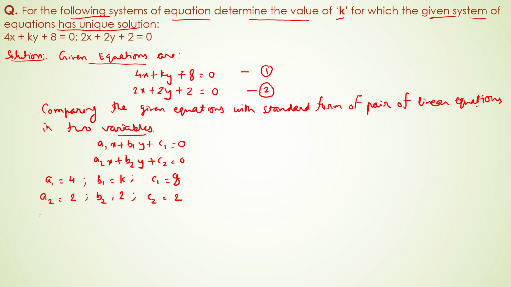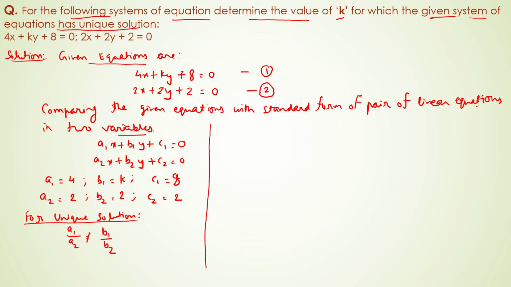So here for a unique solution, the condition is that a1 by a2 should not be equal to b1 by b2.